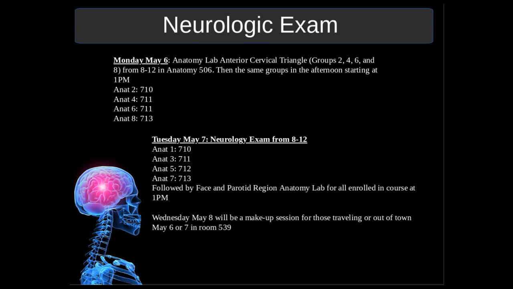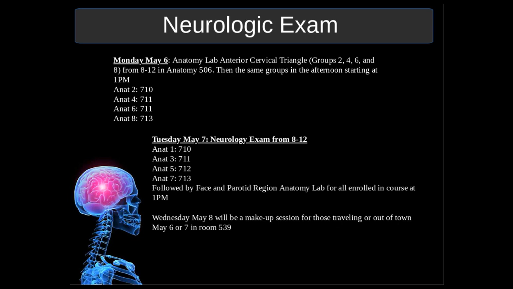I do want to point out the neurologic exam, which was scheduled for early May. You've seen numerous emails. I just wanted to include this in the video. So we've got the May 6th group, anatomy groups 2, 4, 6, and 8. We'll be doing the lab anterior cervical triangle portion in the morning, and then those groups in the afternoon are going to start at 1 p.m., and that's going to be in rooms 710 through 713.